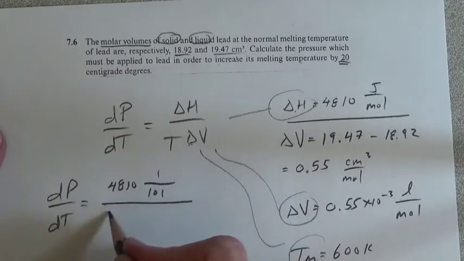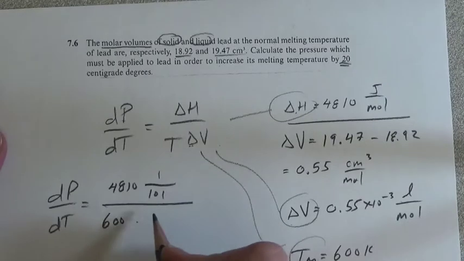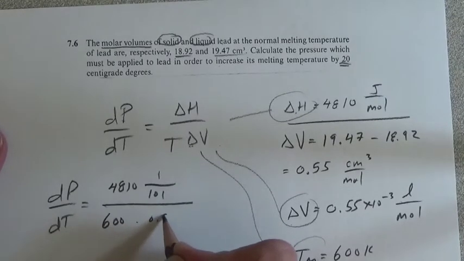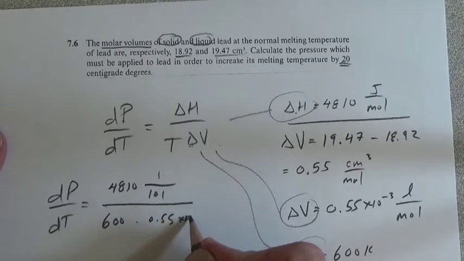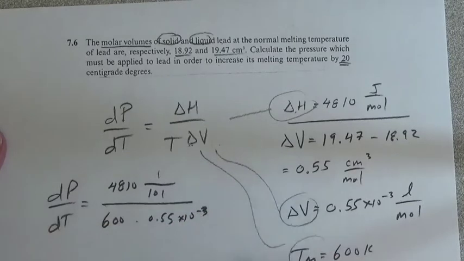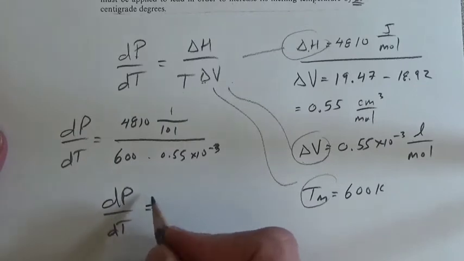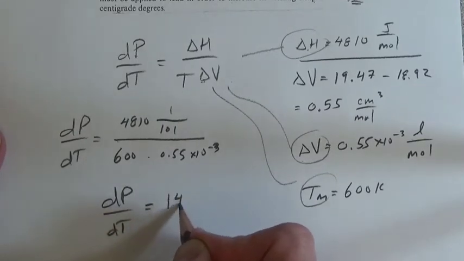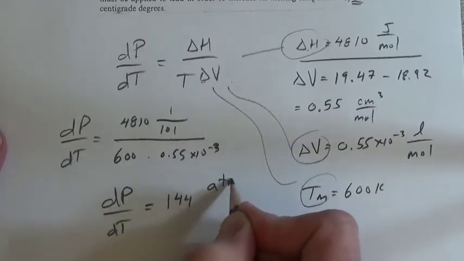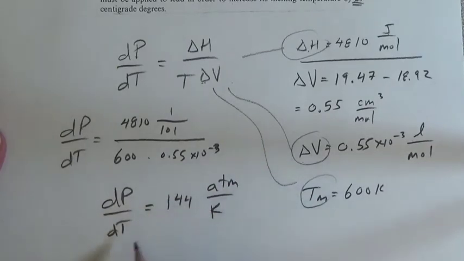Divided by 600 times 0.55 times 10 to the minus 3, or dP by dT is equal to 144 atm per K.